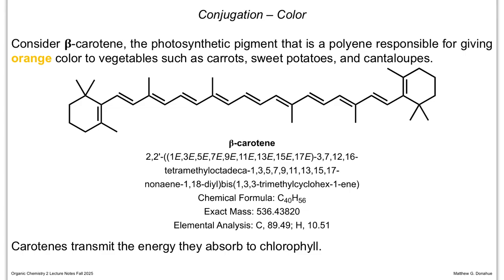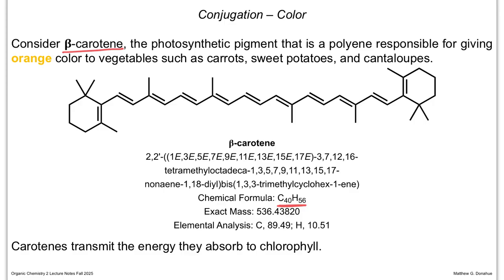We can see that reflected in the structure of the beta carotene. At the ends, we have these two 6-membered rings. Notice the molecular formula is still the same. So overall, the reaction of lycopene to beta carotene is an isomerization. The molecular formula is conserved. We've just changed some functional groups.